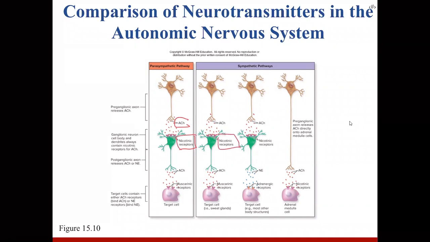All of these pre's are going to bind to nicotinic receptors. That's just the way it is. Then the post-ganglionic parasympathetic only releases acetylcholine, and they can bind to muscarinic receptors.